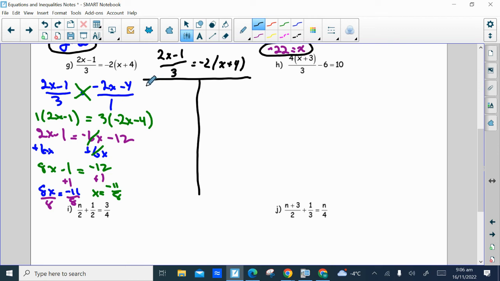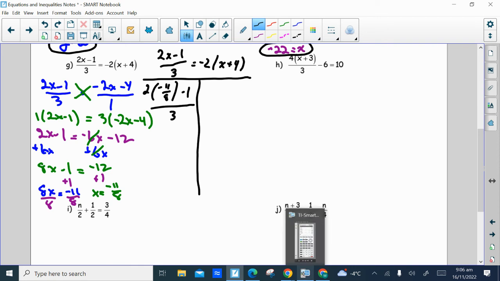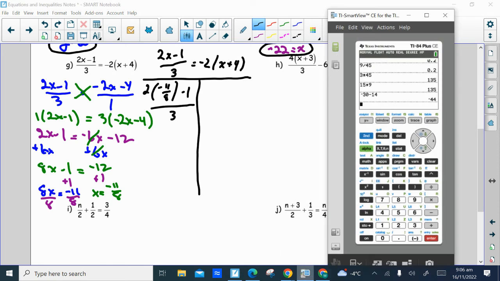So on the left side, we'll have 2 times negative 11 over 8, take away 1, all over 3. And again, we're going to use our calculator to help us do this. 2 times, and I'm going to use brackets here, negative 11 divided by 8 is negative 2.75.